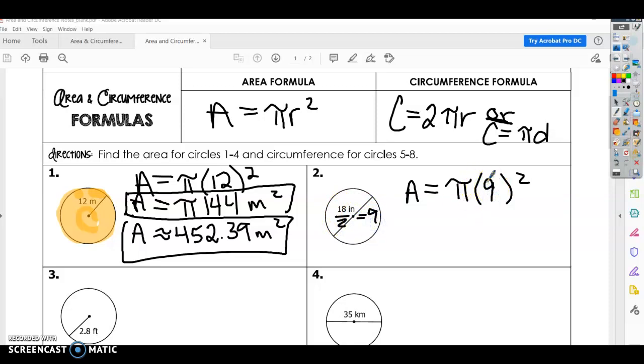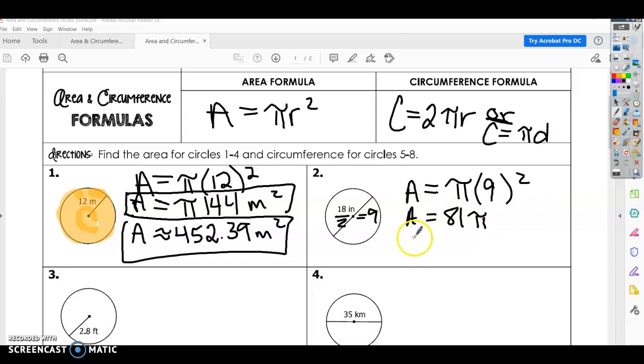So I'm going to have 9 squared. 9 squared is 81 pi. You can see that twice radius is not the same thing as radius squared. Okay, the diameter is 2 times the radius, but the formula says radius squared, so you have to be aware of that. So make sure you pay attention.